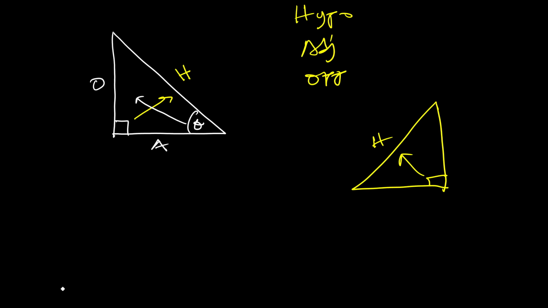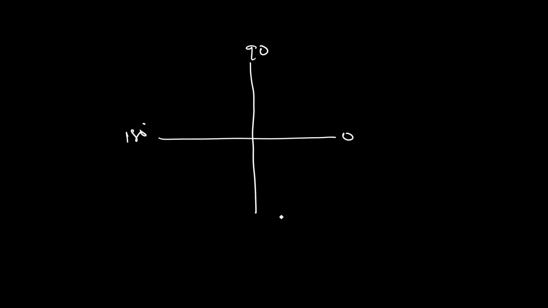They may be positive or negative depending on the quadrant in which they lie. So let's talk about the quadrants. So we have 0, 90, 180, 270, then we are back to 360.